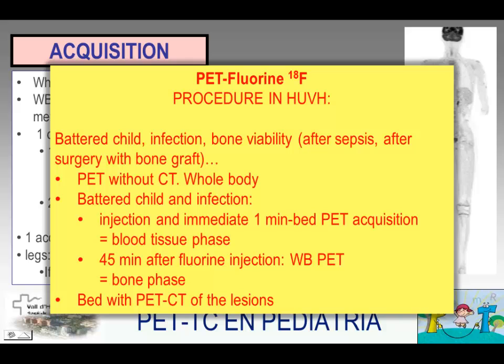We inject on the equipment, on the PET-CT, and immediately we acquire a 1 minute PET acquisition to obtain an image of the vascular phase. And 45 minutes after the fluorine injection, we obtain the whole body PET. That means it is the bone phase of the PET. And then we can obtain PET-CT or localized X-ray images of the detected lesions.